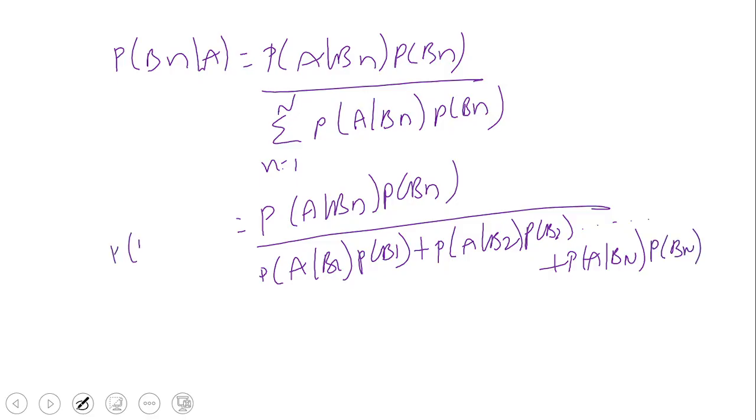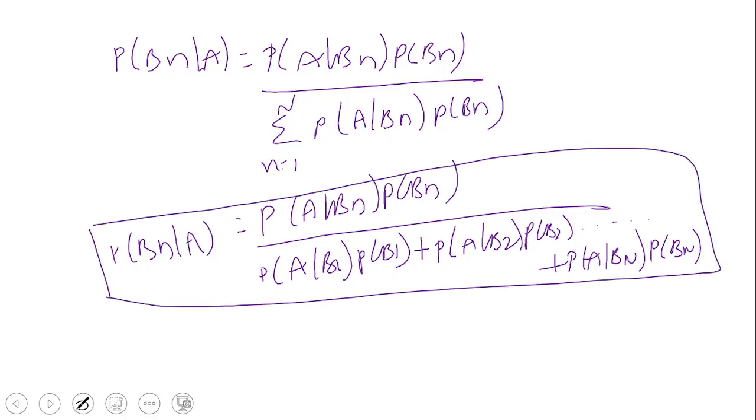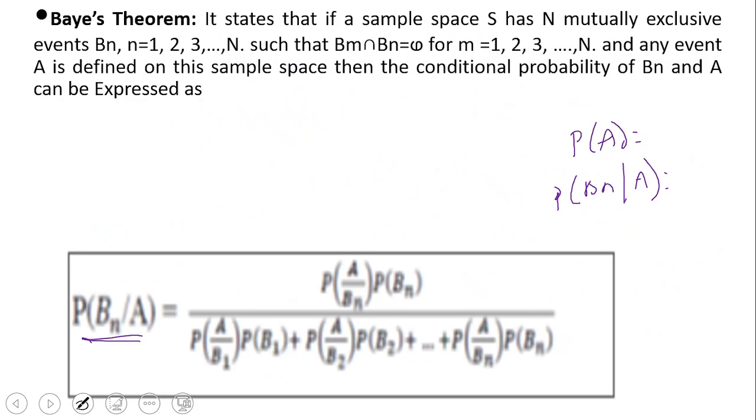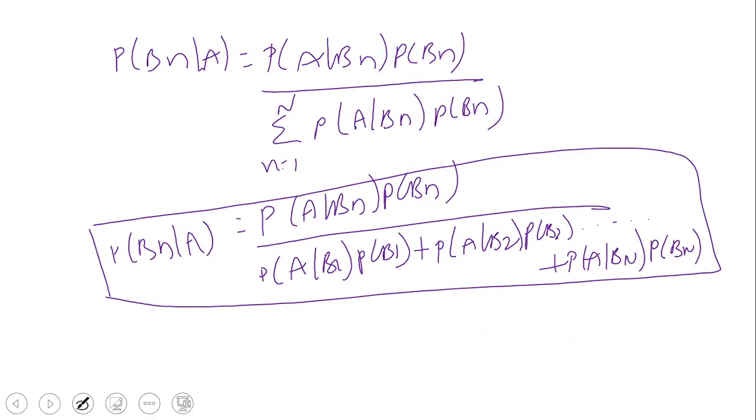So this is the Bayes theorem. If you are still confused about how to remember it, write the conditional probability Bn given A. Then write the opposite, A given Bn, multiply with P of Bn, divided by the summation, where whatever is in the upper side you write as it is in the downside.